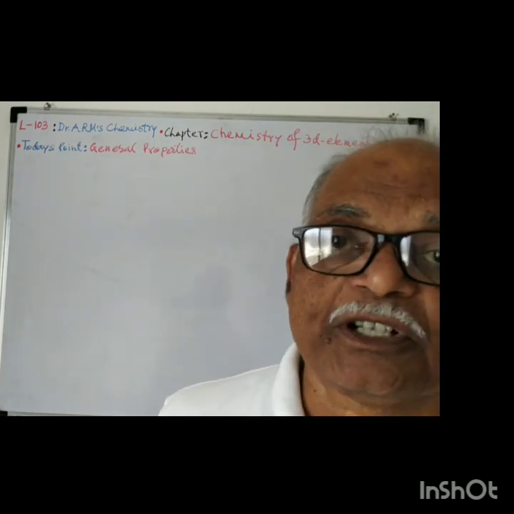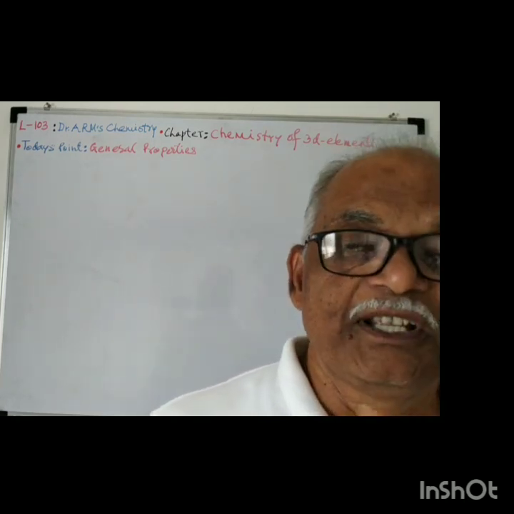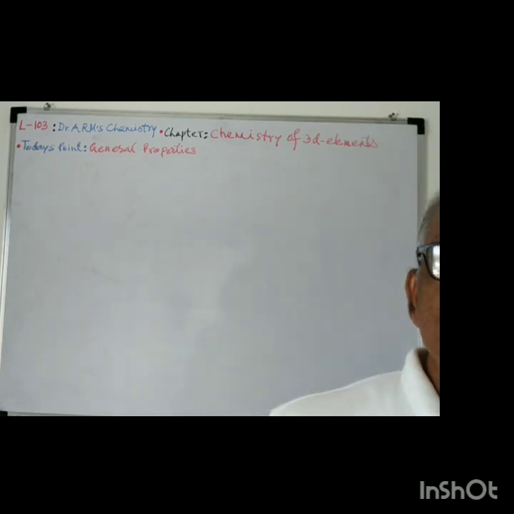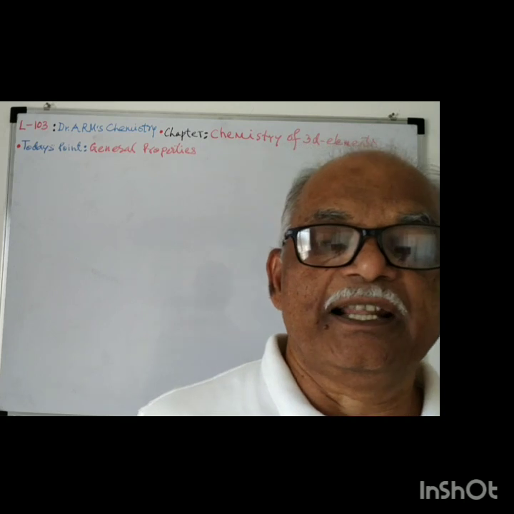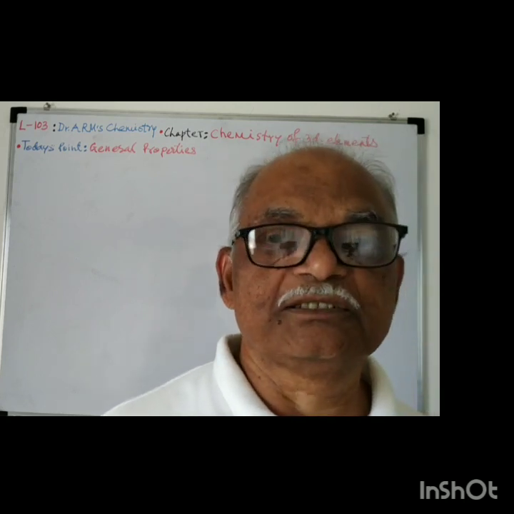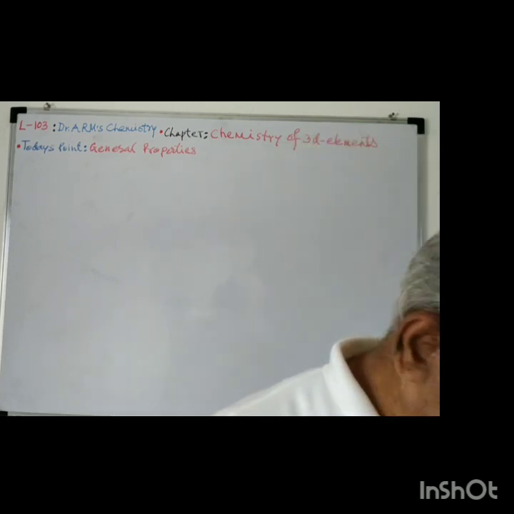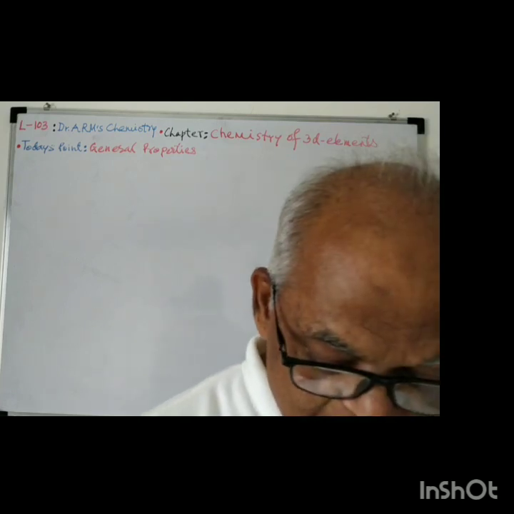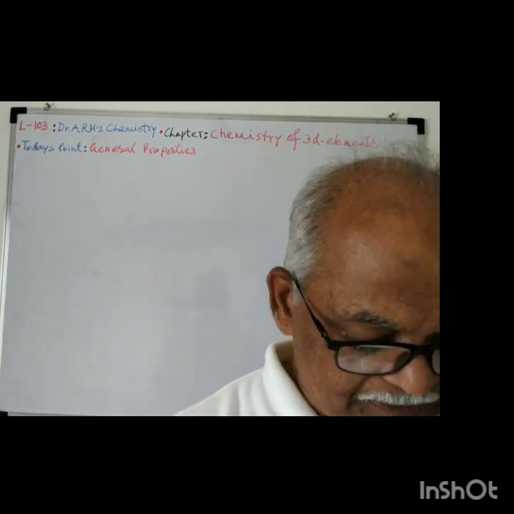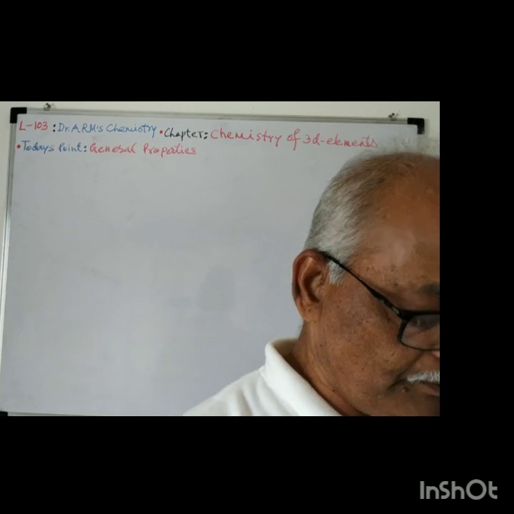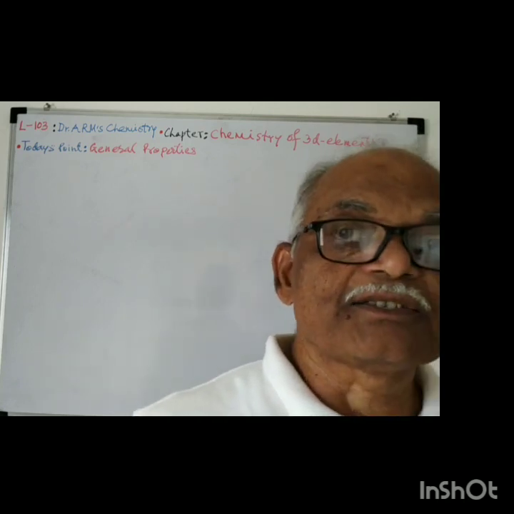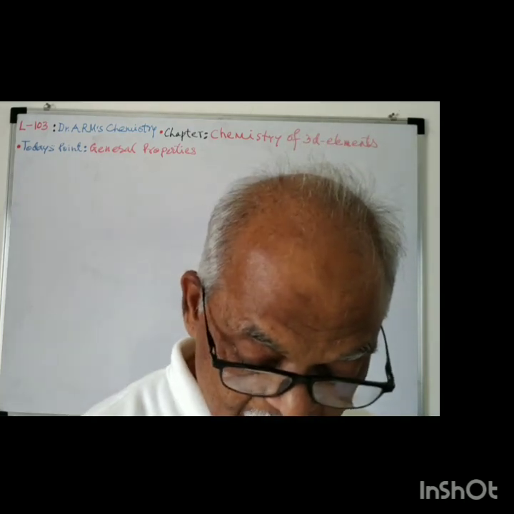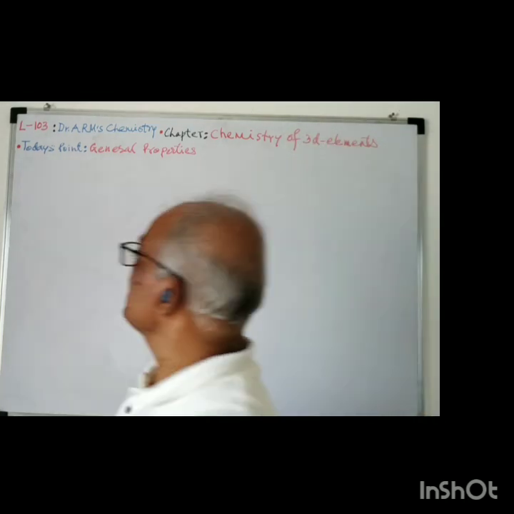In continuation with this point, today we are going to see the next part, that is, some physical characteristics of transition elements in general. The first point of this topic is abundance.